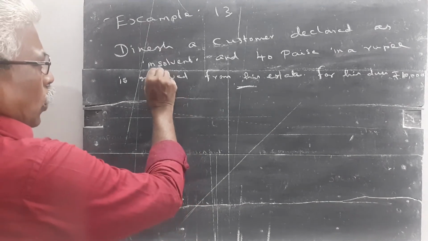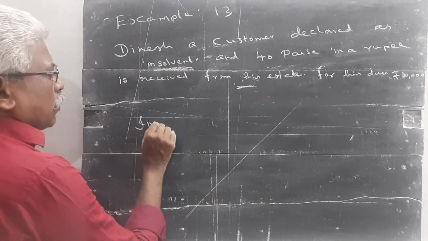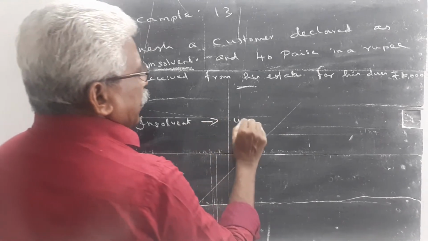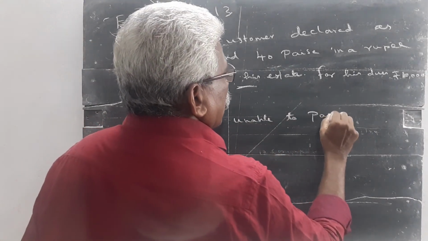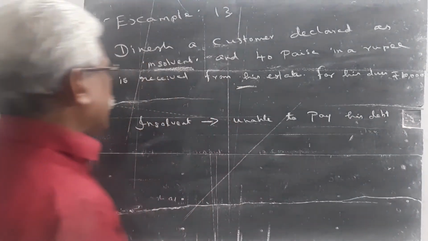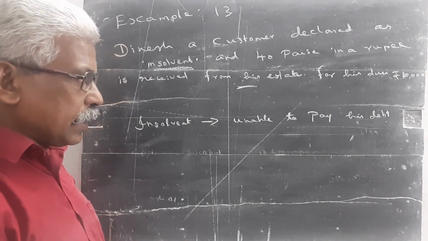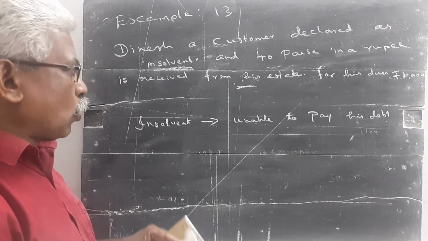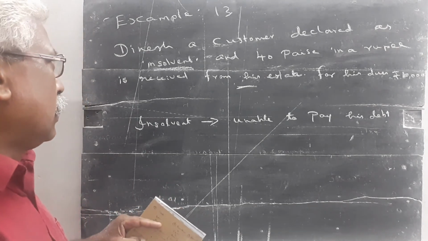Before that, who is called an insolvent? An insolvent is a person who is unable to pay his debt. If a person is unable to pay his debt, the court normally declares the person insolvent.